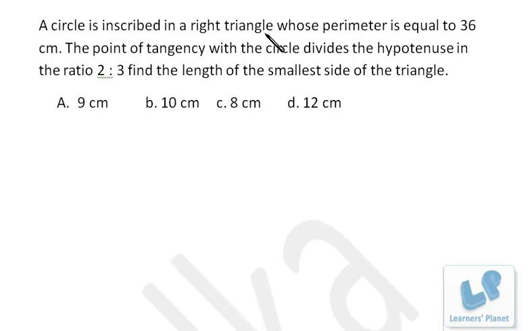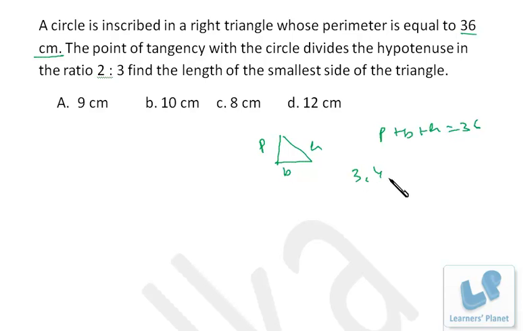The very important and good thing with us is the perimeter of this right angle triangle, right? Now this is P, B and H, right? P plus B plus H is 36, right? And P, B, H must be in Pythagorean triplets. The simplest Pythagorean triplet with us is 3, 4, 5.